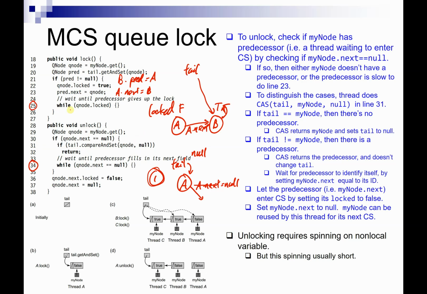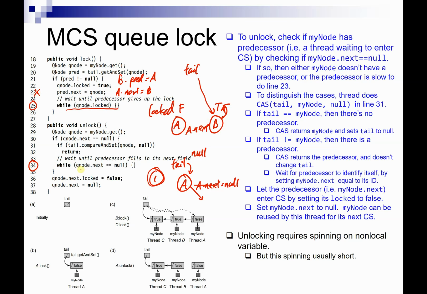But when I do this long wait over here, this is again reading my local variables, which are cached. The other place where you could be waiting is the situation where A.next was not set yet. B still has not executed this line 23 yet.